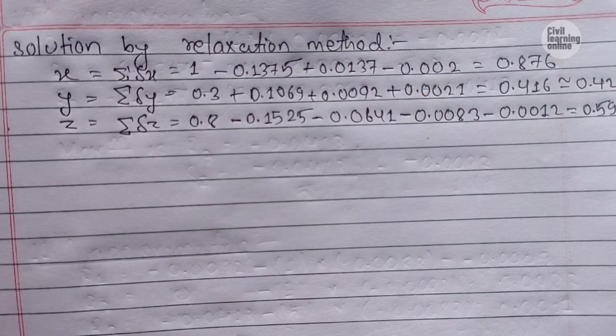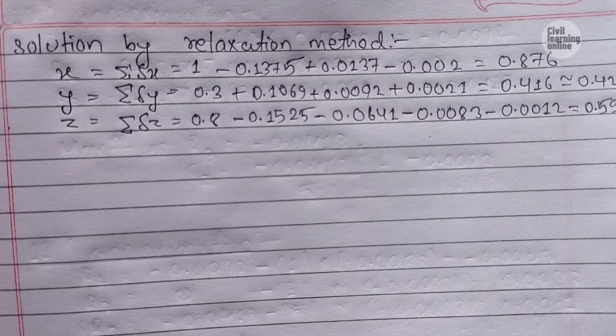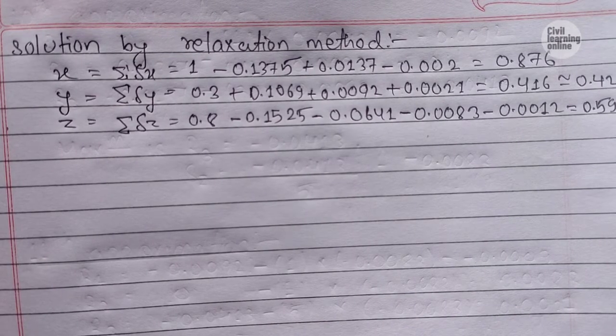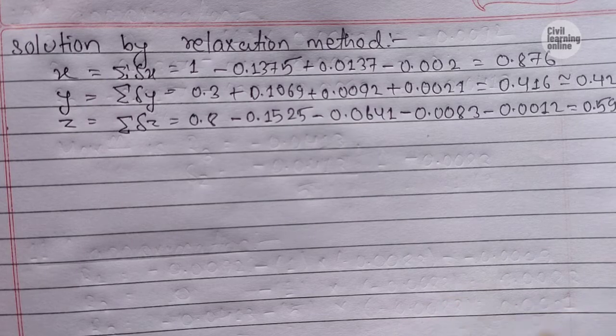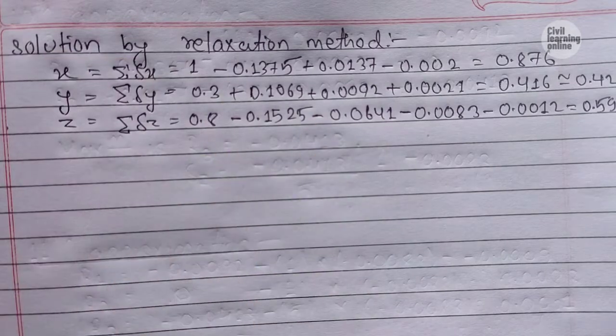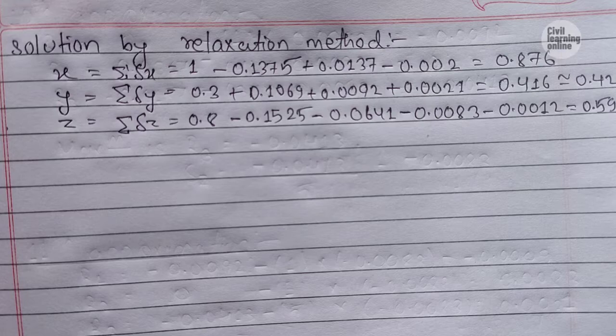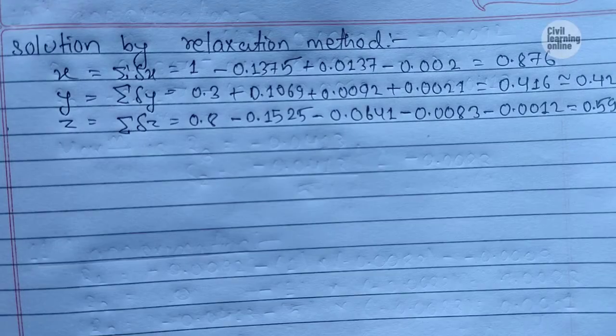Now I will provide you with the relaxation table, which will clarify all the steps, which will be just the simplest form of writing the things which we have calculated throughout these steps. So I am going to draw a table here, that is the simplest relaxation table.